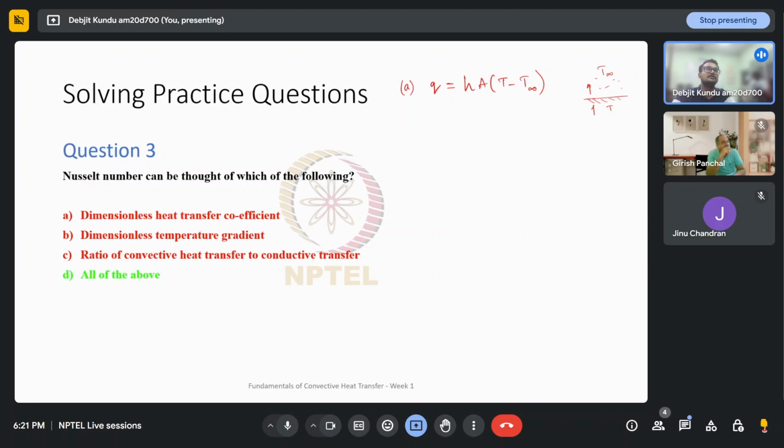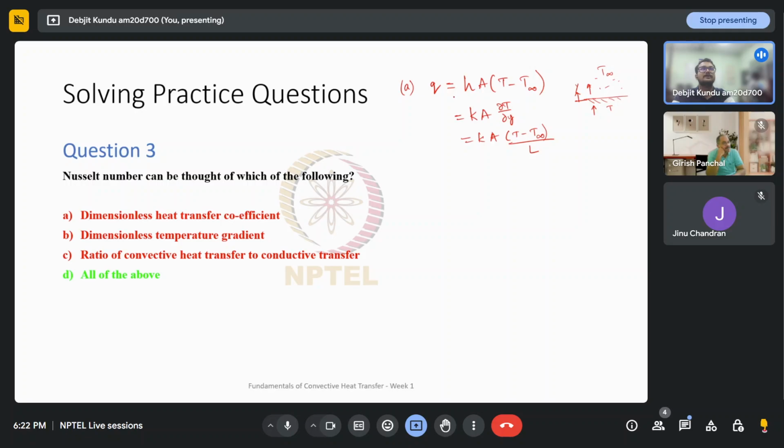And we know that an equal amount of heat has to flow through this solid as well, which is given as K into A into dou T dou Y, where Y is the spatial coordinate in this direction. So this dou T dou Y can now be simplified as some temperature difference, T minus T infinity, divided by the length scale over which this is happening.